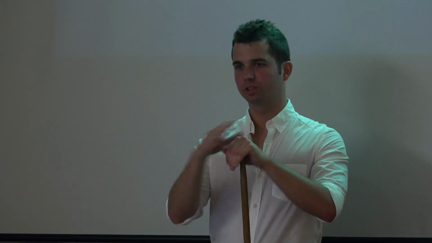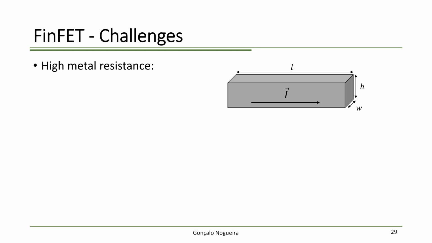Another challenge of FinFET is high metal resistance. So here we've got a piece of metal that is used in circuits. Can anyone here tell me what is the formula for the resistance of this piece of metal? Come on, anyone? Electromagnetics and optics.